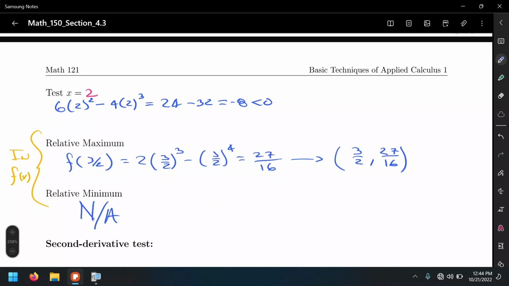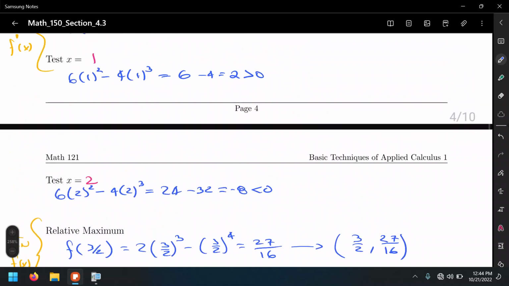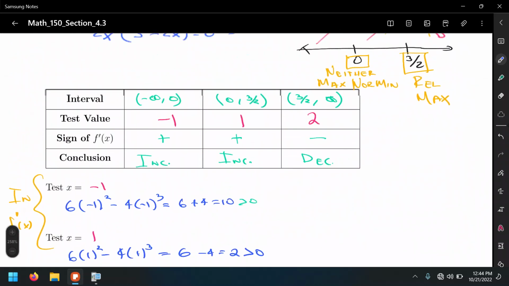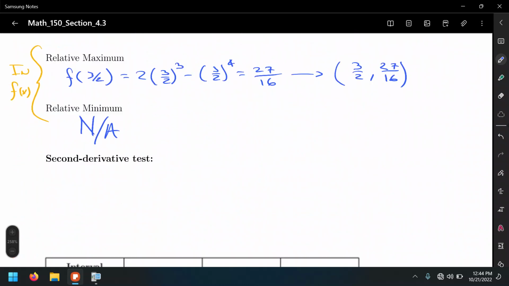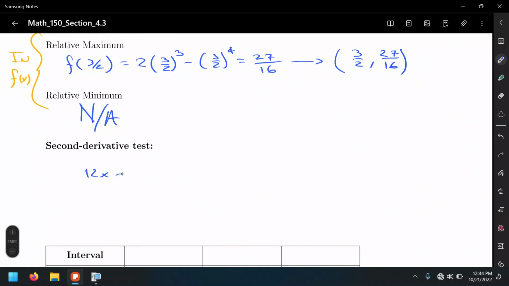All right. Okay, let's continue this exercise towards the second derivative test. So let's find the second derivative. The first derivative is 6x squared minus 4x cubed. The second derivative, f double prime, should be 12x minus 12x squared.